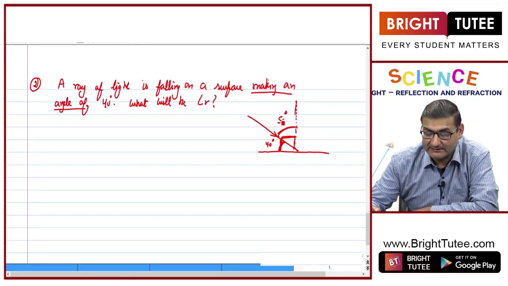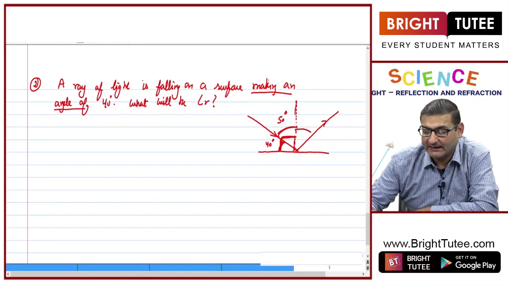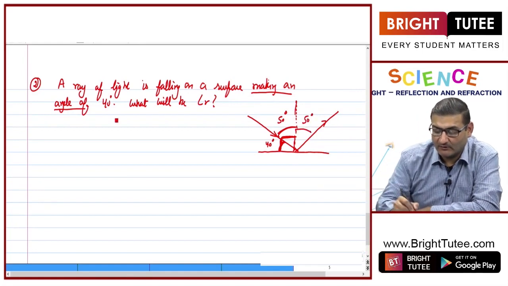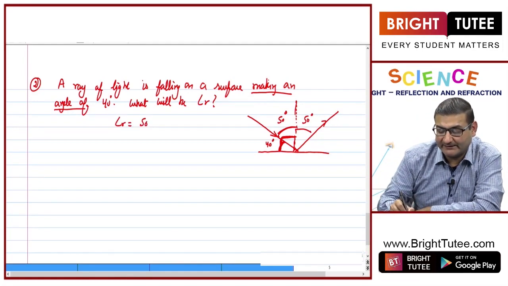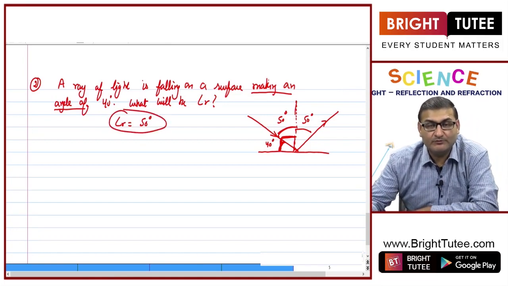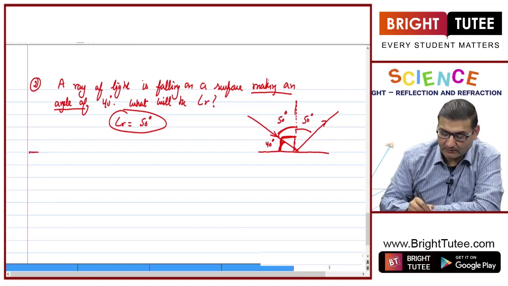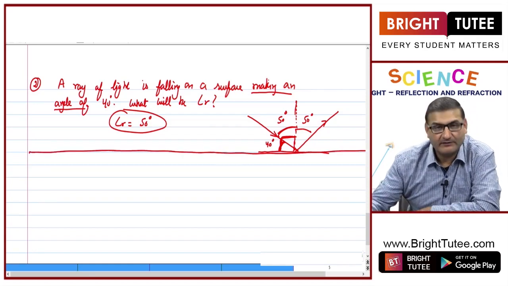And if the angle of incidence is 50 degrees, then when this ray of light reflects, the angle of reflection will also be 50 degrees. This is a hot question. You need to see what exactly the examiner is asking in the question. Clear? So this was about our laws of reflection.